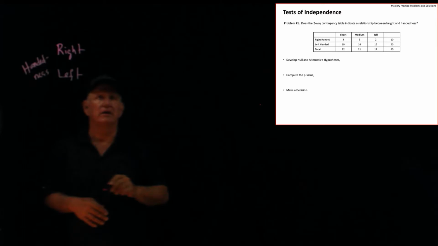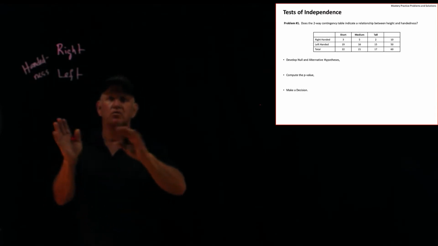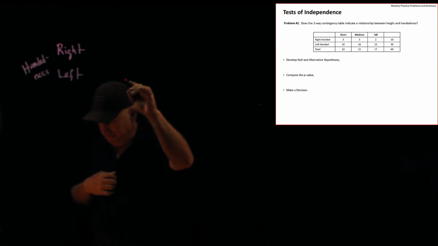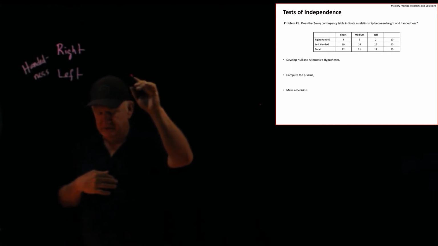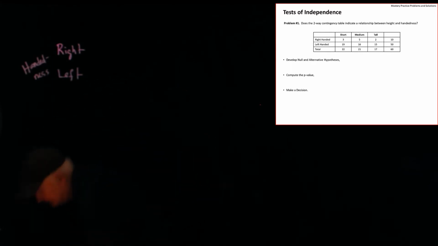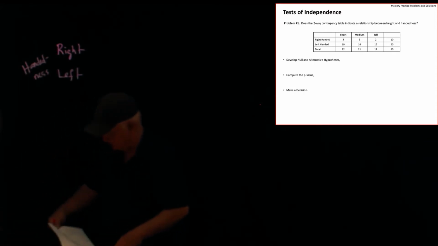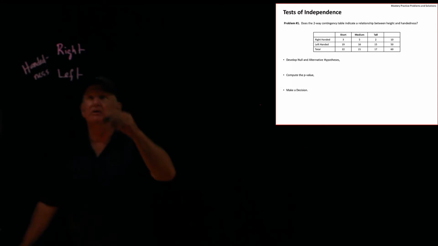The row variable is height, and I must say I've forgotten what the variable possibilities are. They're short, medium, and tall.